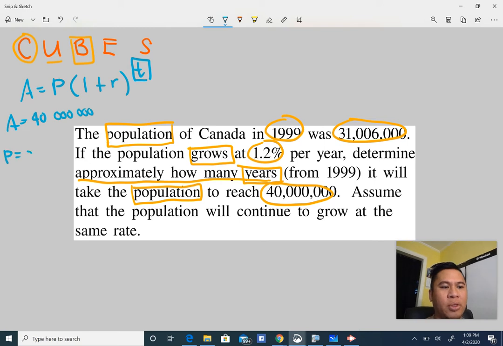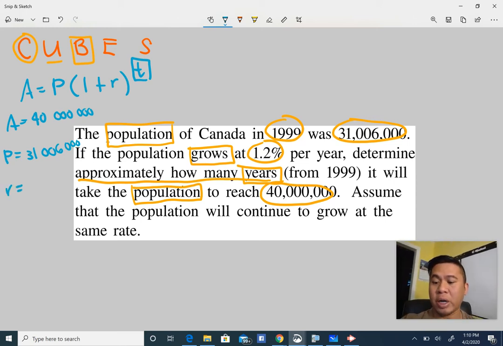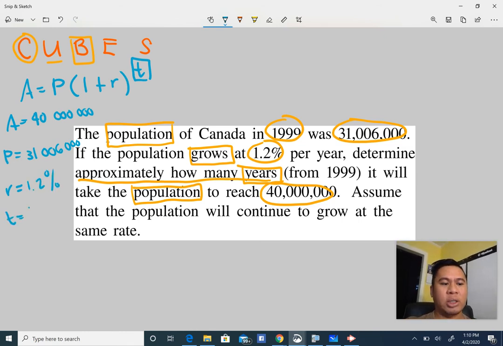The initial value is 31,006,000. My R, or the rate of increase, is 1.2%. And again, we're solving for T, the time it will take for it to be 40 million.